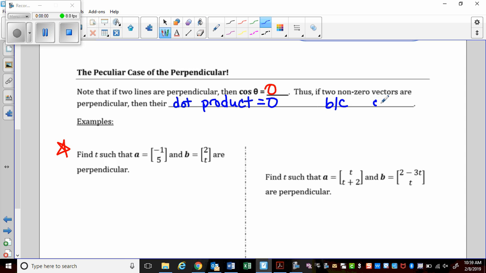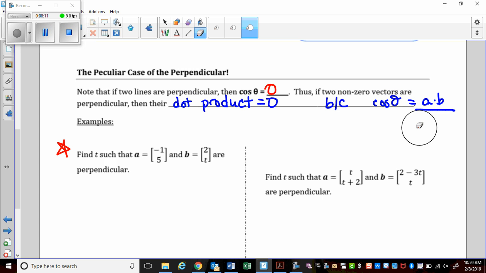Because the cosine of theta is the dot product over... there you go. And we want to know when the numerator is equal to 0.